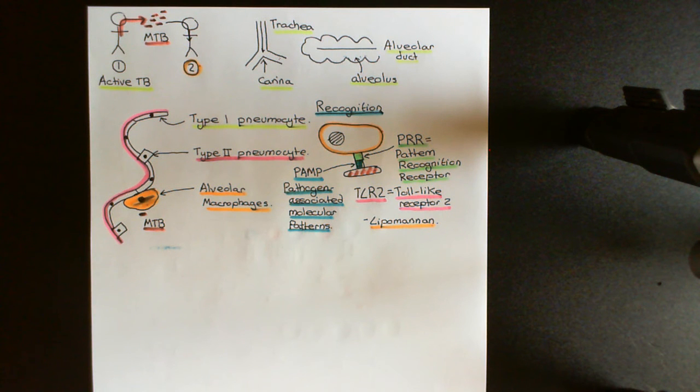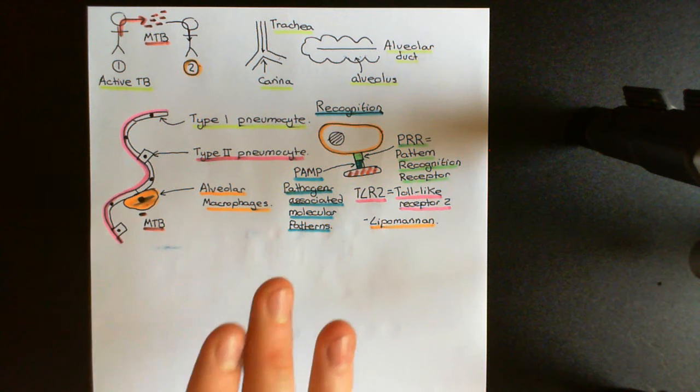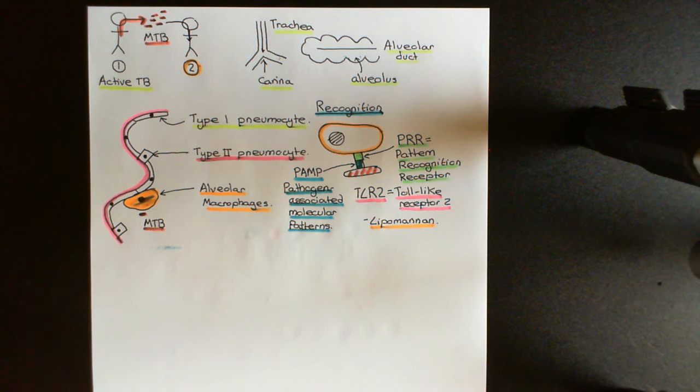And we need to do something about it. So that's the way that the alveolar macrophages can recognize the presence of the Mycobacterium tuberculosis and know that this is not a human cell and that this is dangerous through these pattern recognition receptors which have as their ligand PAMPs.